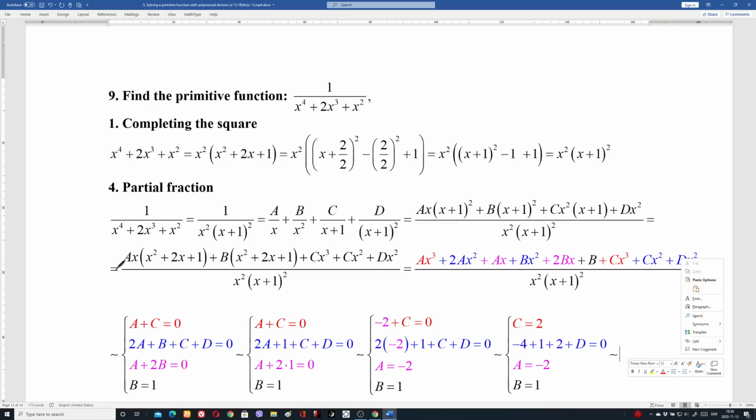Okay? So now we multiply x and ax with all of this equation here. We receive ax multiplied by x^2 is ax^3, plus 2ax^2, since ax multiplied by 2x is 2ax^2, and ax multiplied by 1 is just ax, plus bx^2 plus 2bx plus b.